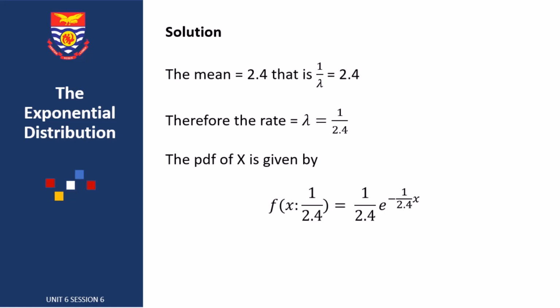Since the mean is 2.4, that is 1 over lambda is 2.4, then lambda itself will be 1 over 2.4 by change of subject. You should be able to get that. So the PDF of X is f of x equals 1 over 2.4 e exponent minus x over 2.4. That's the distribution.